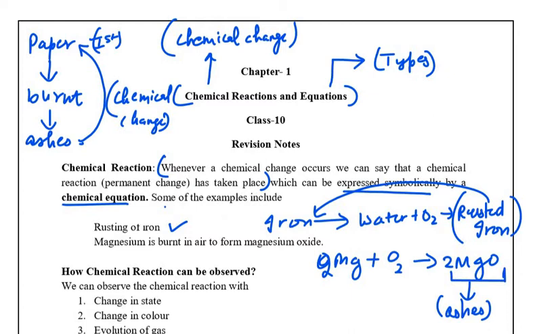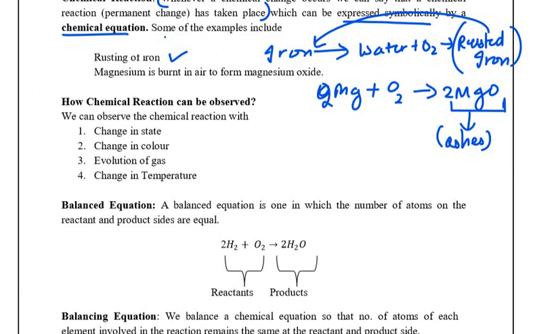Next is how a chemical reaction can be observed. We can observe a chemical reaction with the help of change in state. Let me give you an example. We have H2 and oxygen, and both are gaseous in state. When they combine, they form H2O, which is in liquid state.